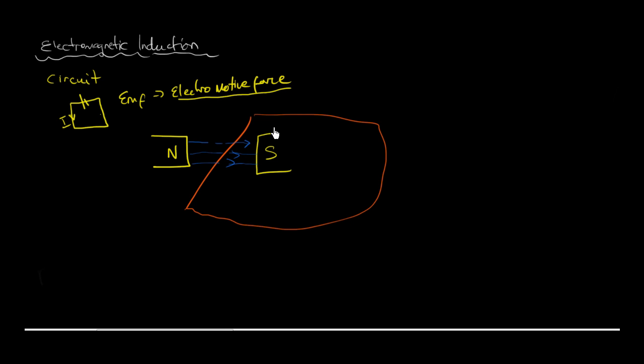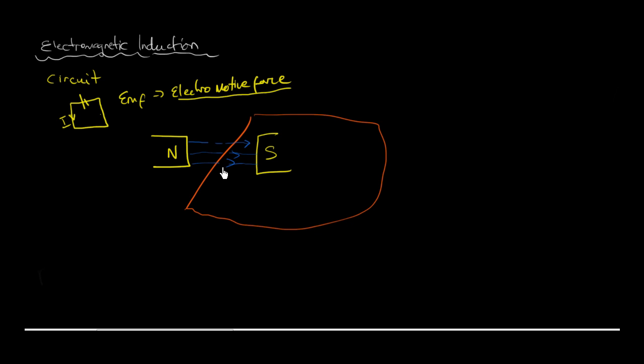You can get an EMF created in this wire, i.e. you can get electrons going around it, and a current created by just moving this wire inside of this magnetic field. If you just move it, and what we call it, if you cut the magnetic field lines through here with the wire, then you get electrons going around. It's as if you had a battery somehow. So then you're actually doing the work of the battery yourself with your muscles by moving that wire.